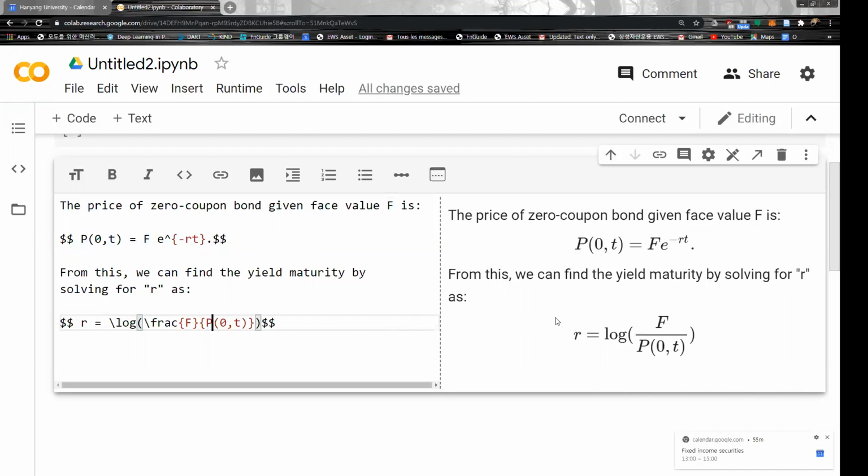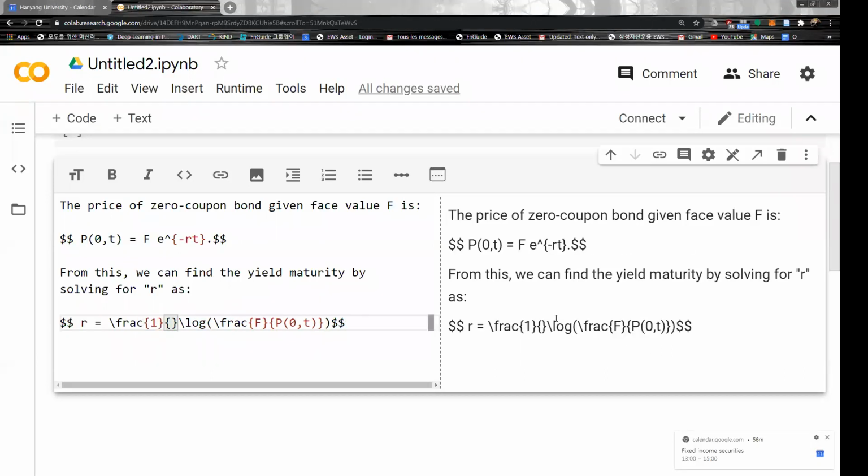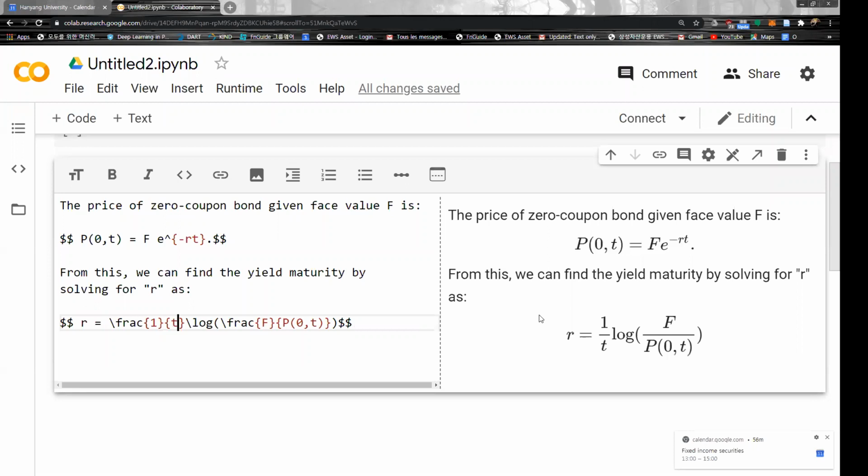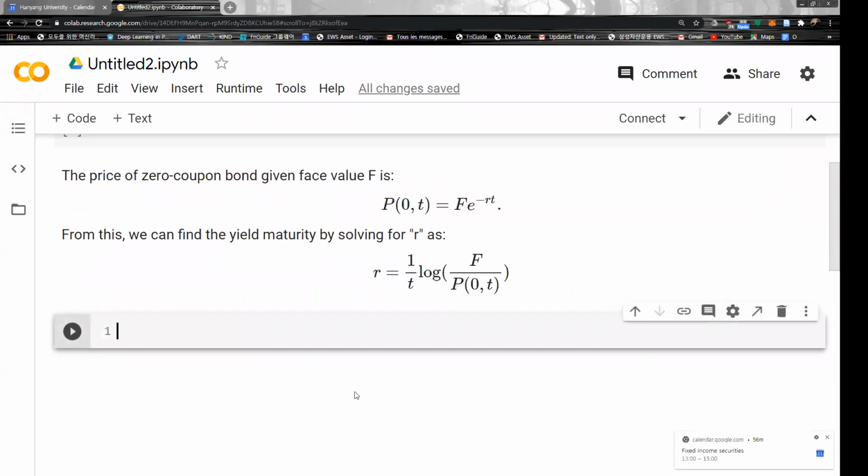And then we want to normalize this with time. This is basically the same as this one, right? Both of them contain exactly the same information.